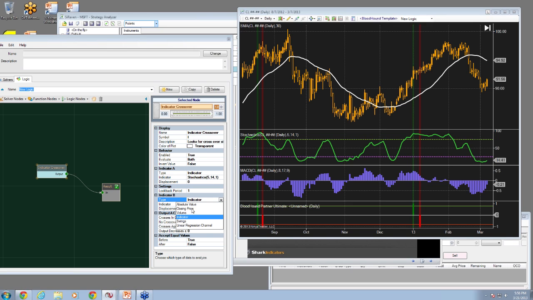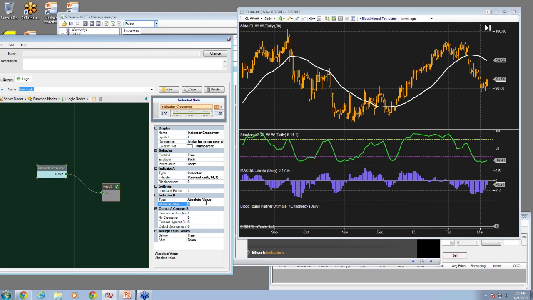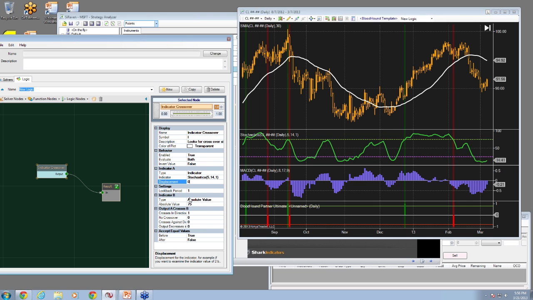Below that, we've got to put in the threshold here. Let's work on the upper threshold first. In English, this is saying, paint me all the situations where my stochastic is breaking above or below the 75 threshold.